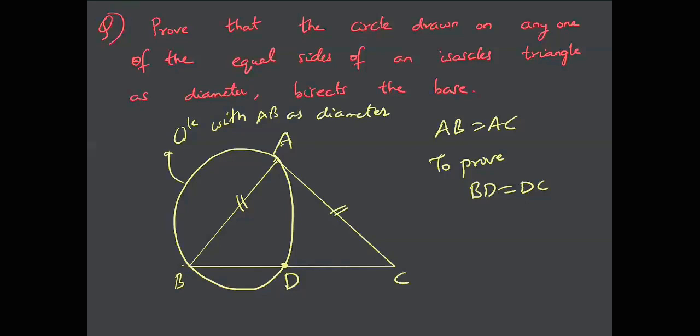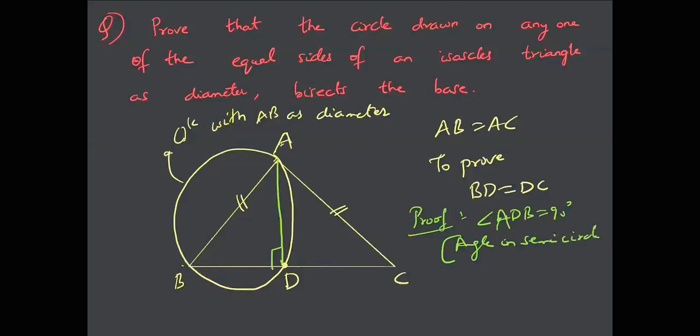So it is a pretty straightforward problem. Since AB is the diameter in the circle, we know that the angle in a semicircle is how much? 90 degrees. So angle ADB is equal to 90 degrees because it is the angle in a semicircle. So that is AD is the altitude of the isosceles triangle, and we know that in an isosceles triangle the altitude is also the median.